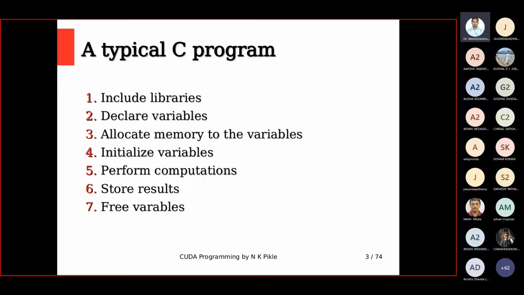Maybe you are performing an assignment related to data structures, or solving some other real world problem using C programming. First of all, you include some desired libraries, and that is common for all programming languages. Then for your computation, you declare some variables to store the data. Then you allocate memory to those variables, initialize, perform computation, and finally store the results. And once you are done with the use of these variables, if you allocated memory dynamically, you free those variables.